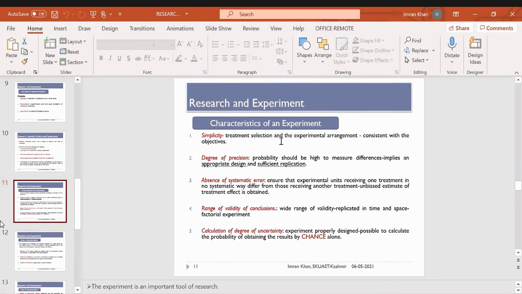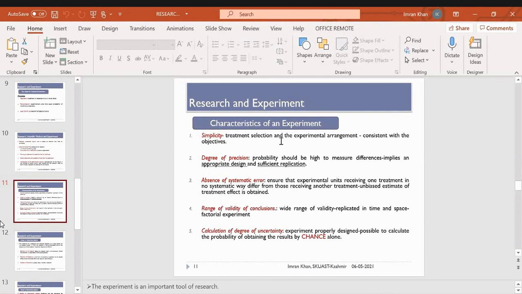Third is absence of systematic error. Ensure that experimental units receiving one treatment in no systematic way differ from those receiving another, so an unbiased estimate of treatment effect is obtained. This is achieved by the principle of randomization, which removes systematic error.